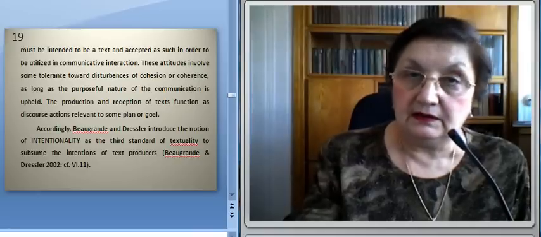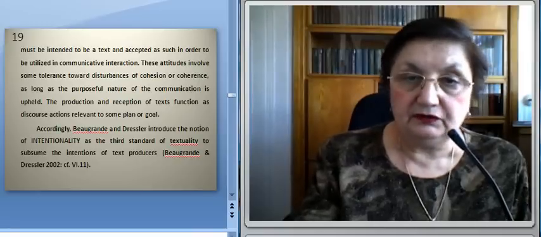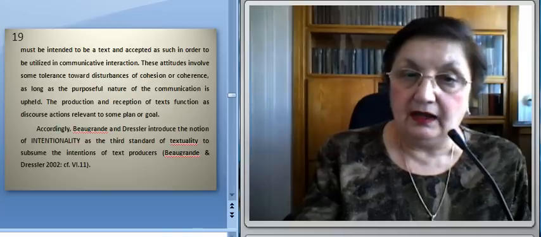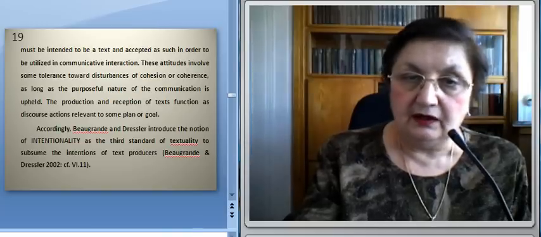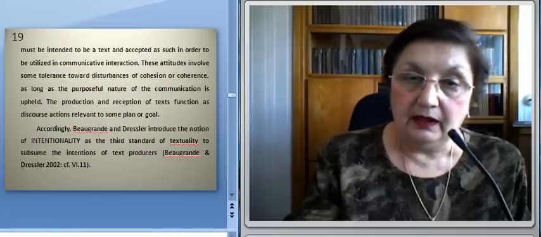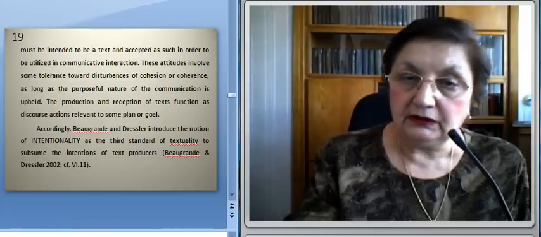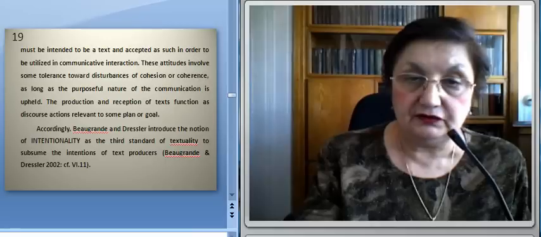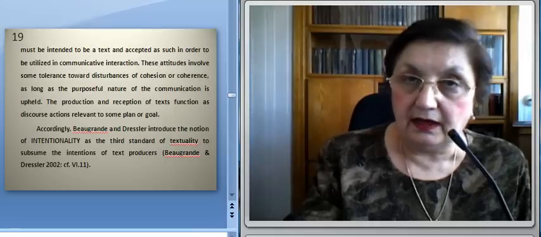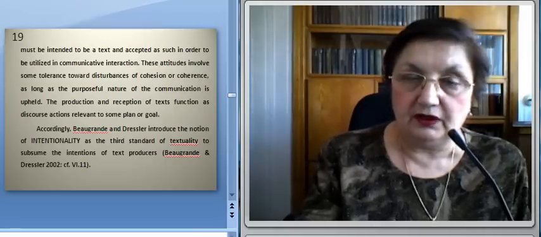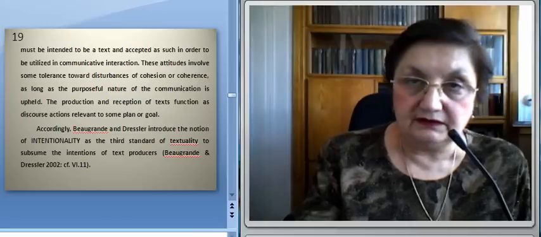Accordingly, Beaugrande and Dressler introduced the notion of intentionality as the third standard of textuality to subsume the intentions of text producers. In the most immediate sense of the term, the producer intends the language configuration under production to be a cohesive and coherent text.